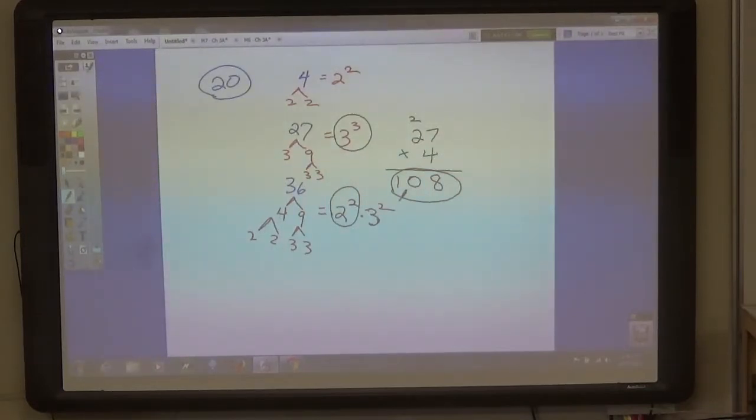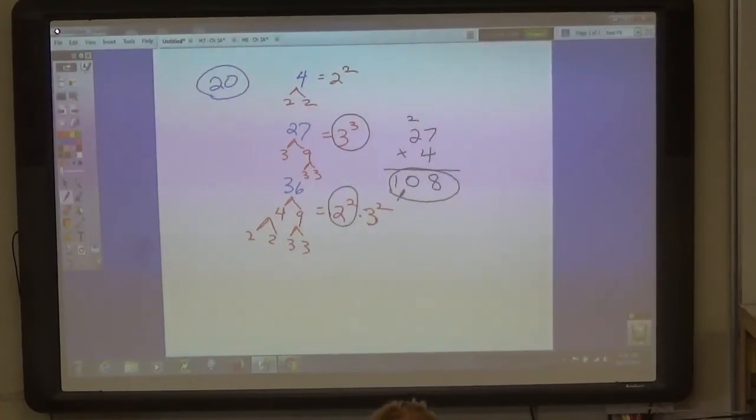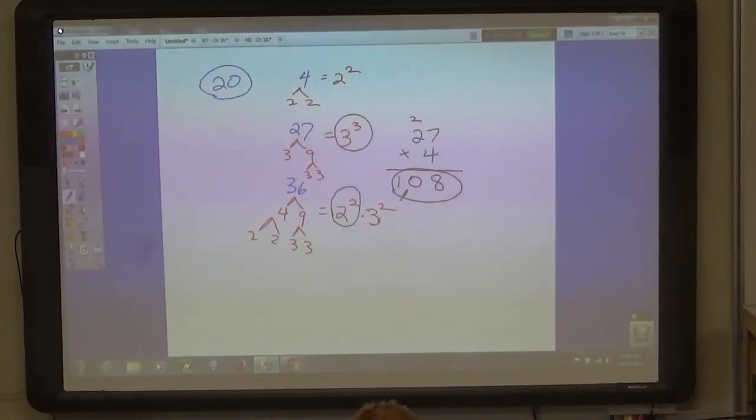You only pick the ones that are the greatest power. Correct. Yeah, only the one with the biggest power. And since they both have a 2 squared, I have to use 2 squared. Not both 2 squareds, only use them once. Okay, that's how you find lowest common multiples.